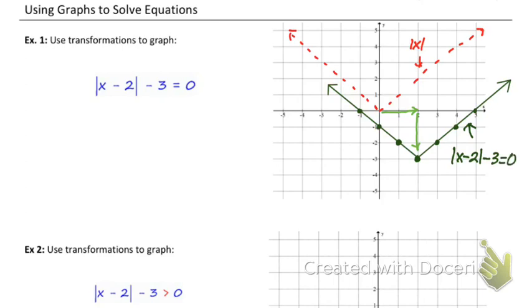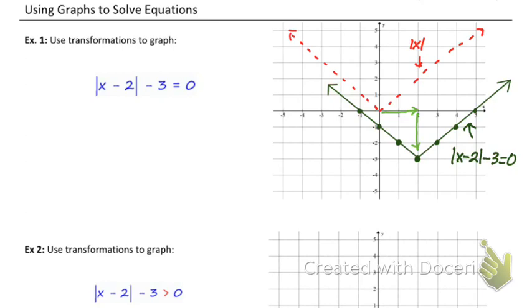What this is actually asking me is, what number can I input for x where I'll get an output of 0? Note our inputs are right here. Your outputs are your y values.